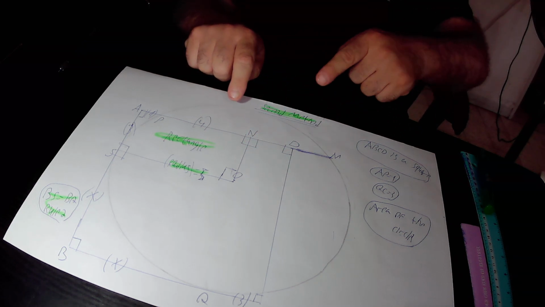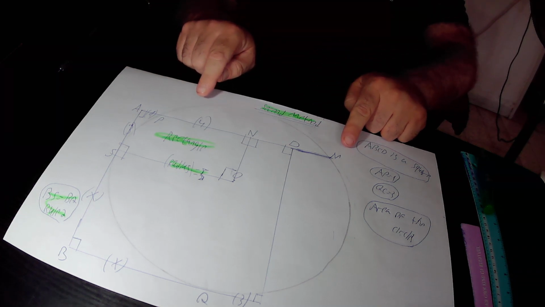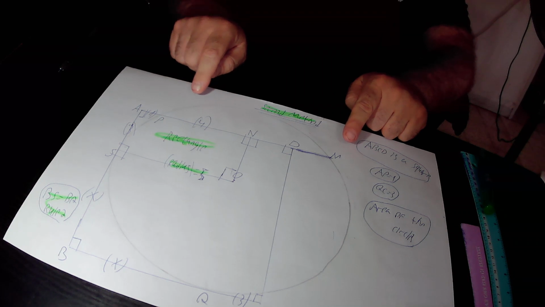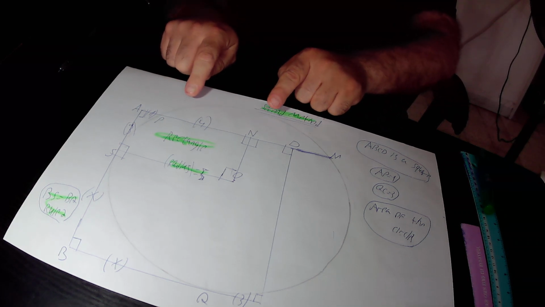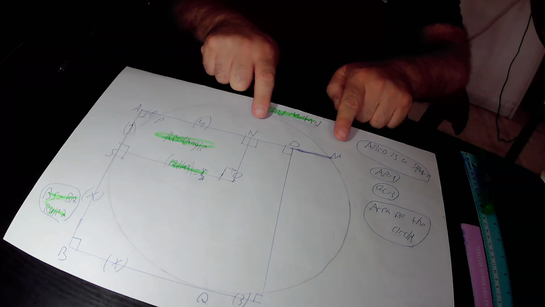That is to say, perpendicular ON divides chord PM into two halves. Each half equals PM over 2. So the first half is PN, and it equals the second half, NM.